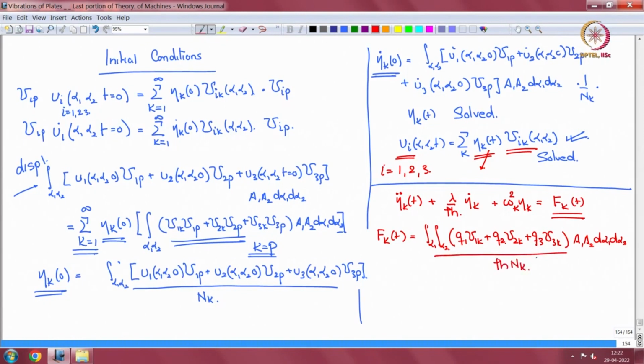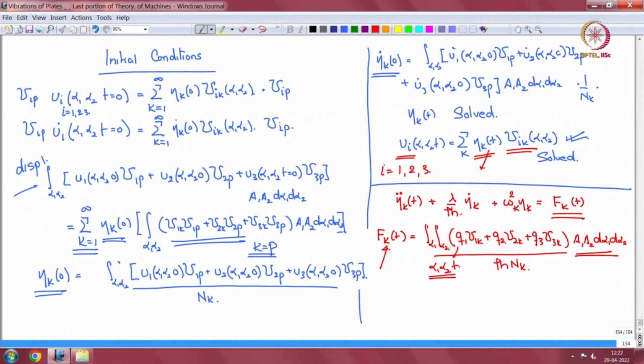This will come up repeatedly. So each of these is a function of alpha 1, alpha 2 and time. So alpha 1, alpha 2 get integrated out, f k is a function of time.